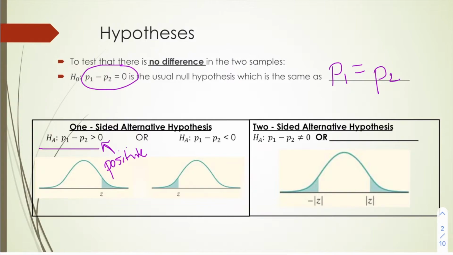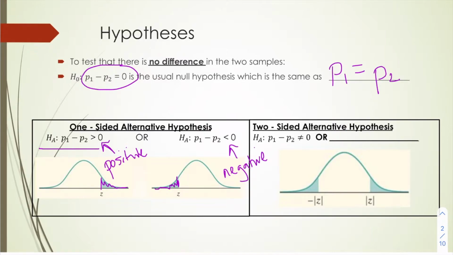Other possibility is P1 minus P2 is less than 0, means we would get negative values. And if we have negative values, that means that P1 is actually smaller than P2, so we would get negative numbers. And when we do that, our z-score, we should get negative values for this HA and positive values for that HA, and that will become our p-value when we find that area.